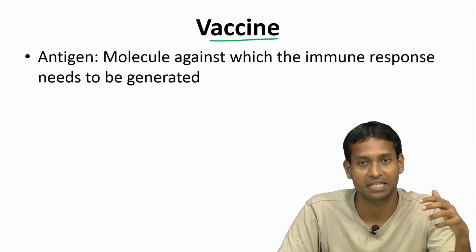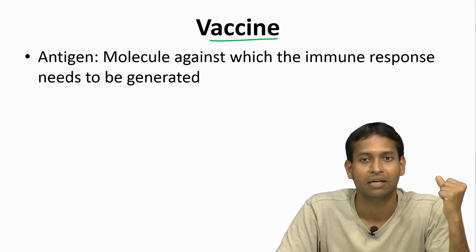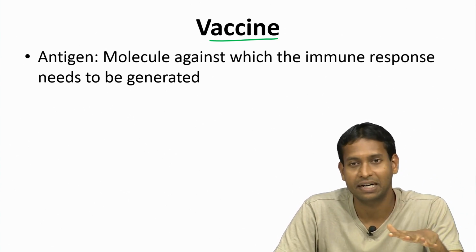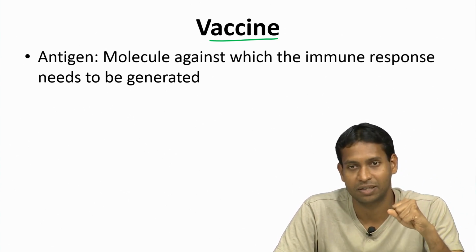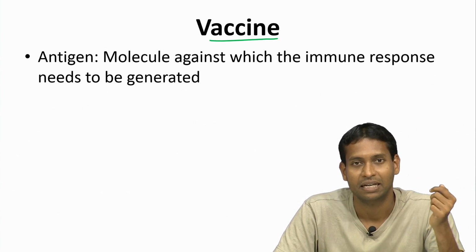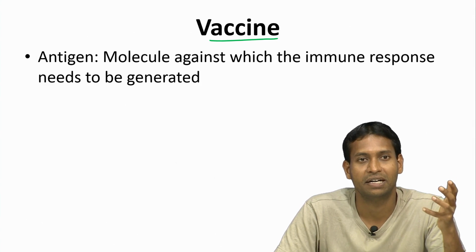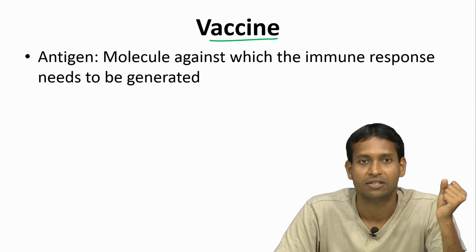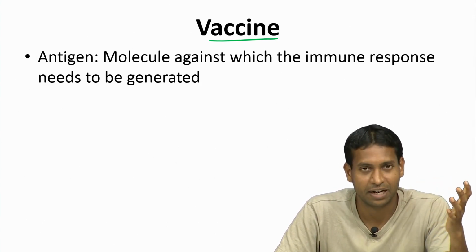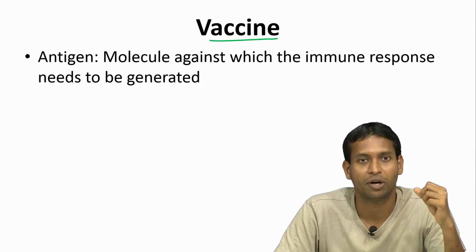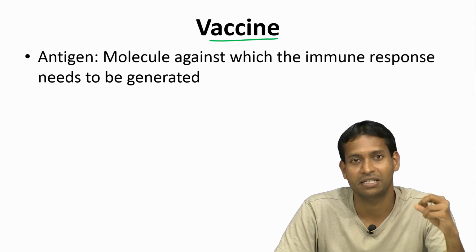So when we are talking about vaccines, now we want an immune response to generate, right, because let us say we are talking about vaccines against polio. So we know that polio is a very deadly disease, it is going to cause disability to the person it is infecting, and we want to make sure that our body is actually prepared when it sees a polio virus. So basically we are generating a vaccine against it. We are generating something that is going to train our body to act whenever it sees a polio virus.